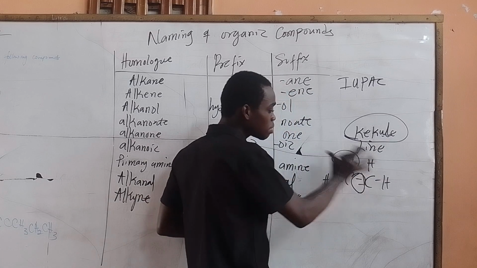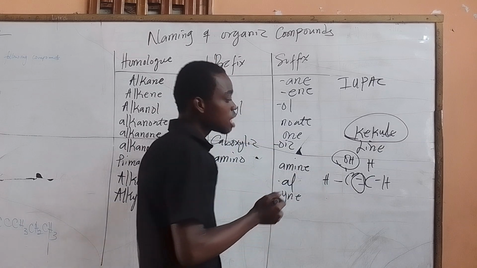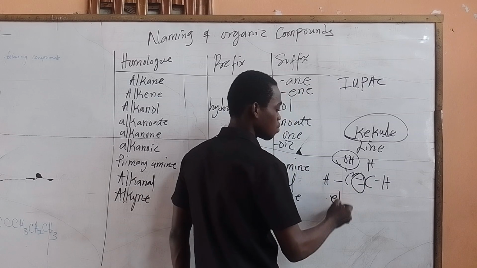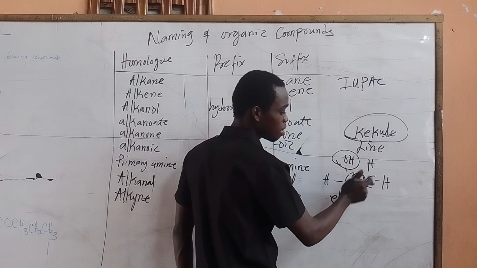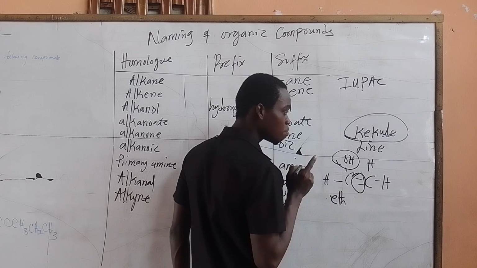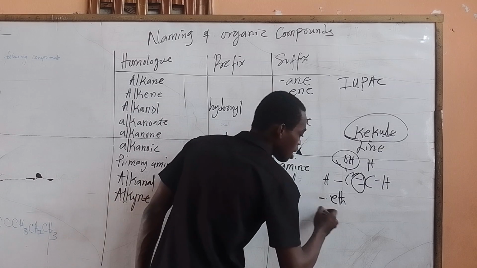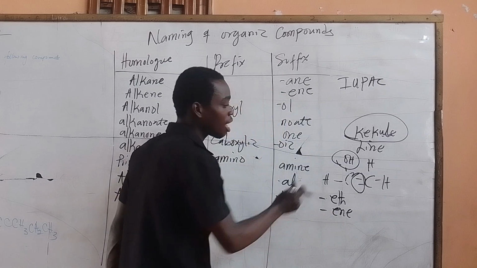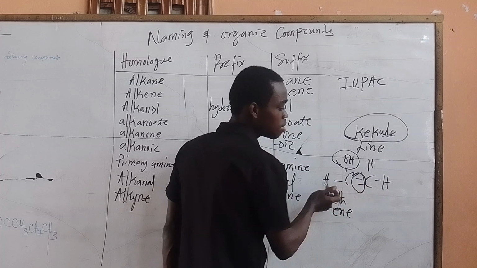So if you're having something like this, this is going to help you to know how to name this kind of compound. Firstly, I have 2 carbons, I know it is eth. Now I also have a group here. This is a functional group carrying a double bond, which is from the alkene. So I have another parameter, ene. And I also have the hydroxyl. So I can name this from anywhere.